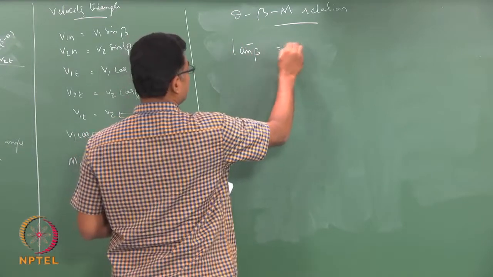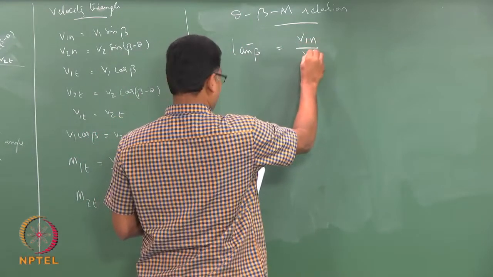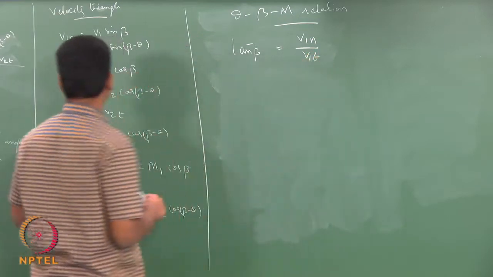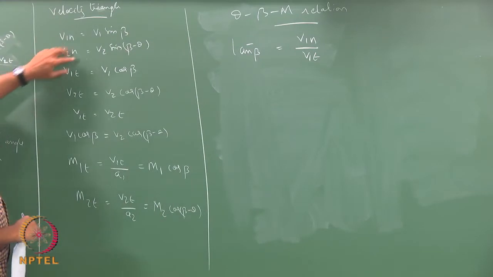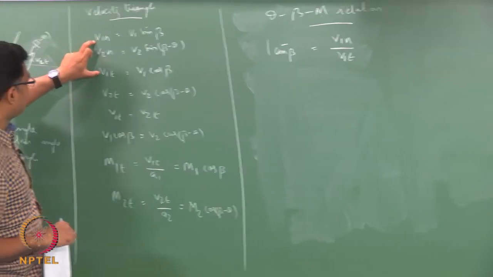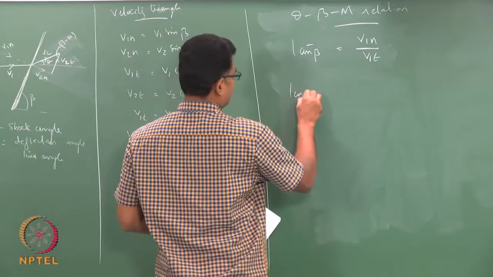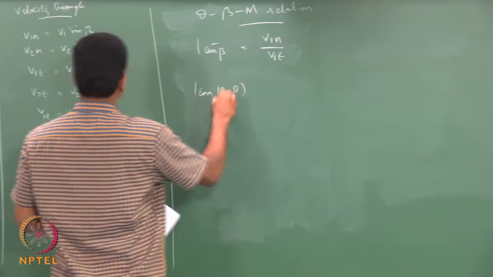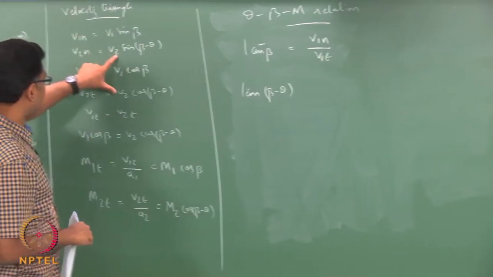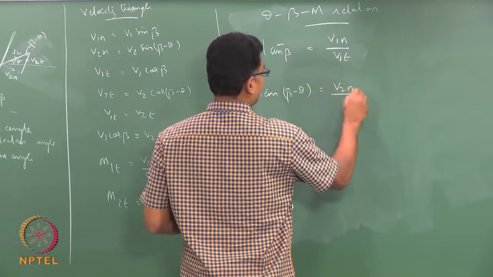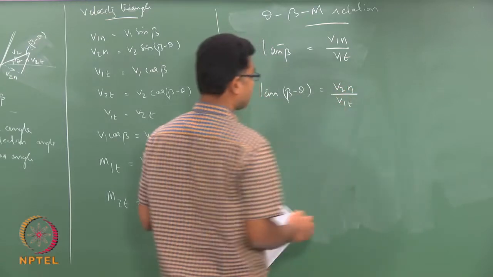My tan beta is V1n by V1t from these triangles. So, I get V1n by V2n is tan beta. Likewise, tan beta minus theta is V2n divided by V1t.